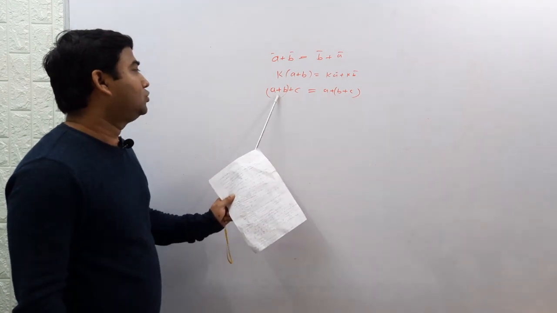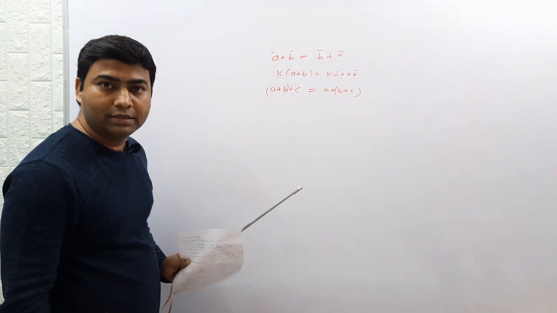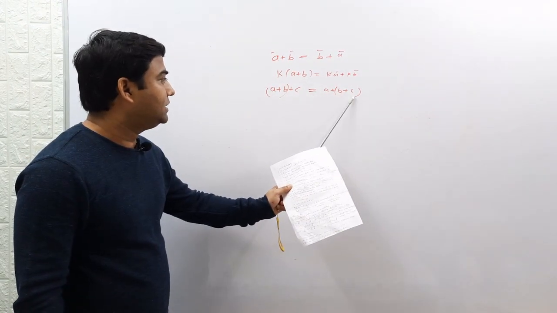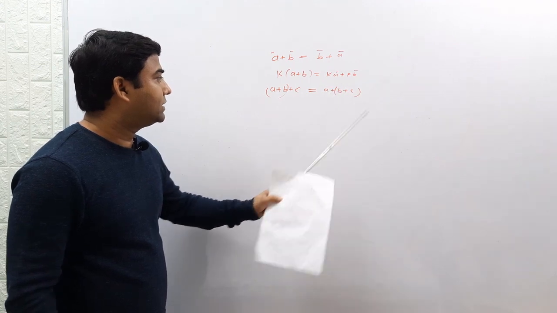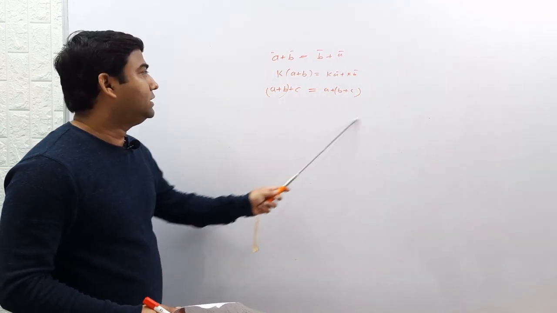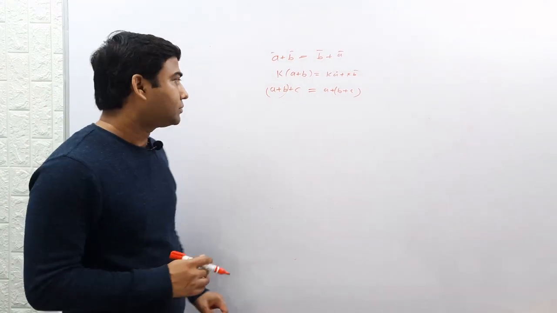You can add these two vectors first and the resultant of these two vectors can be added to vector C, or you can add these two vectors first, B and C, and the resultant of these two vectors can be added to vector A. These all three equalities of vectors hold true.